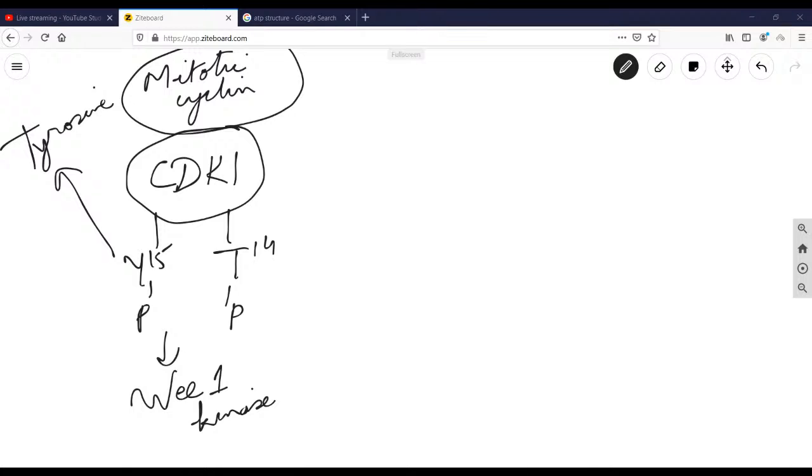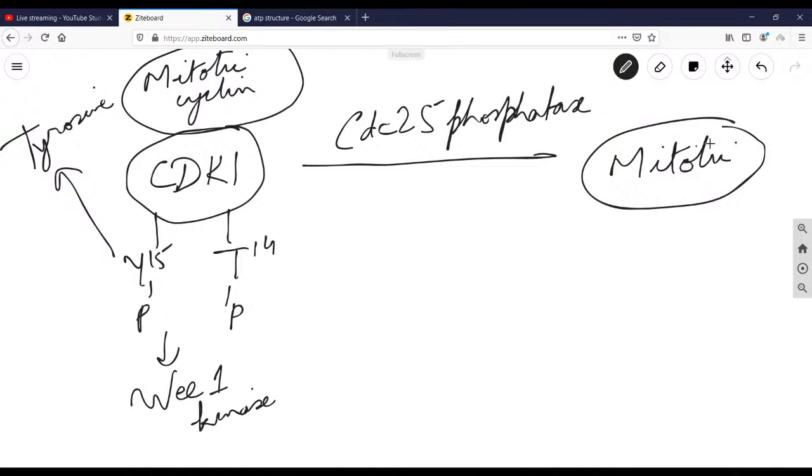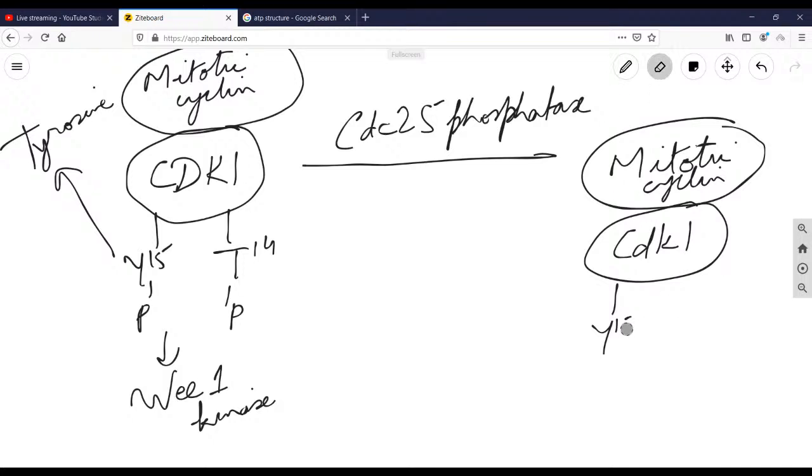So this is what happens. If you have CDC25 phosphatase, this mitotic cyclin, cyclin B, CDK1 will be completely dephosphorylated, right?